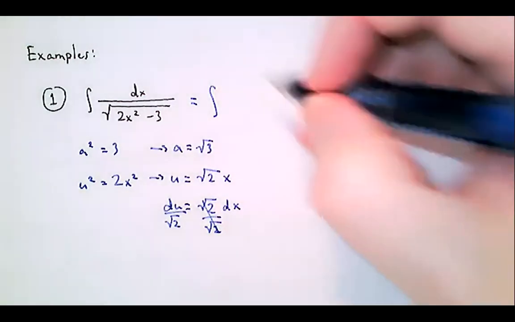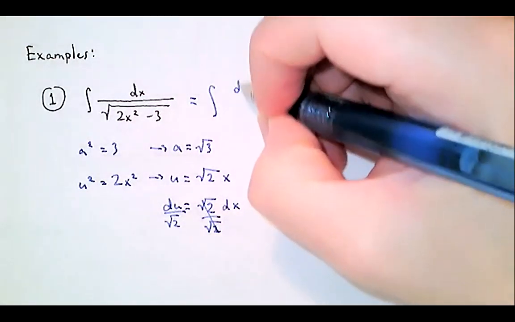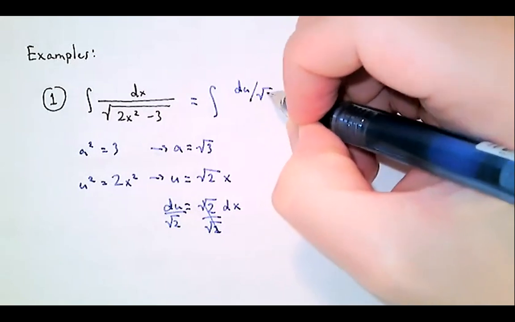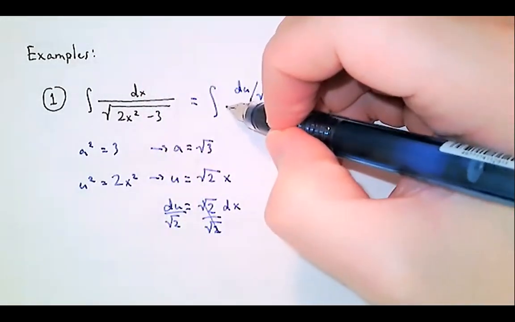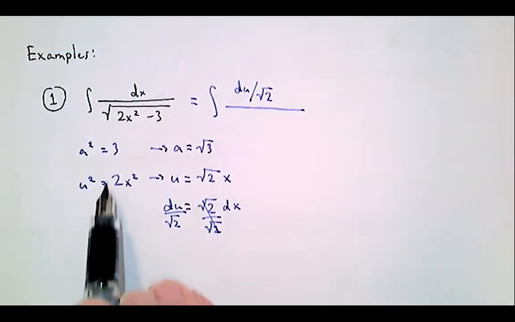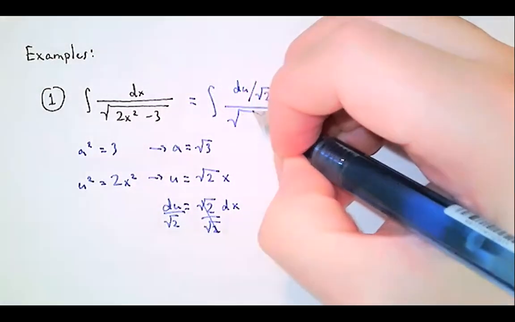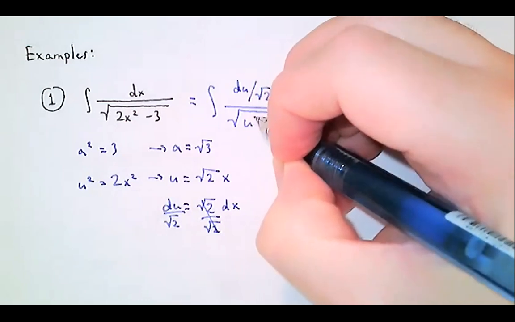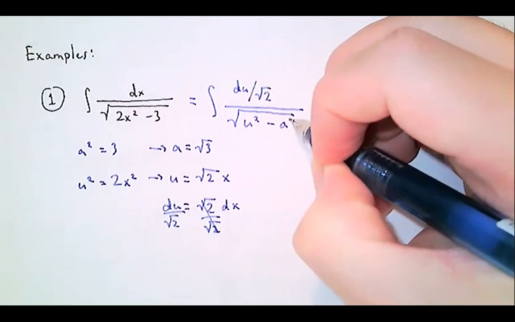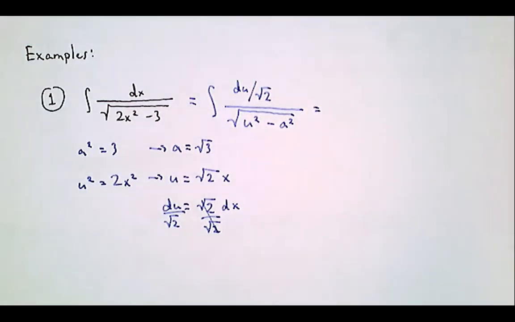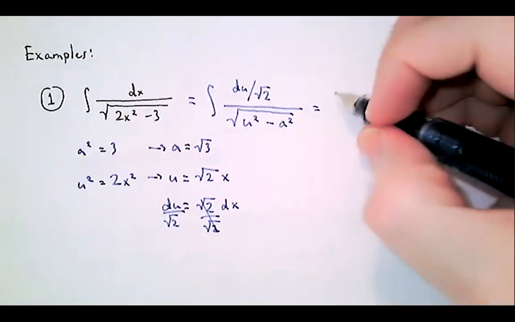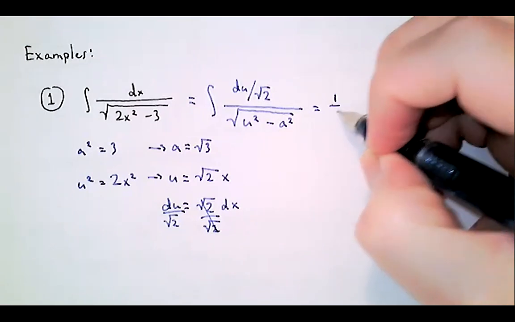Okay. So we can write our du over the square root of 2 on top where dx was, and on the bottom we've identified a squared and u squared. And we know this is going to be an inverse cosh, an inverse hyperbolic cosine.